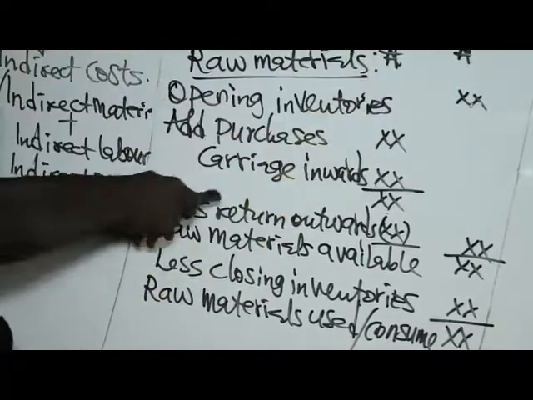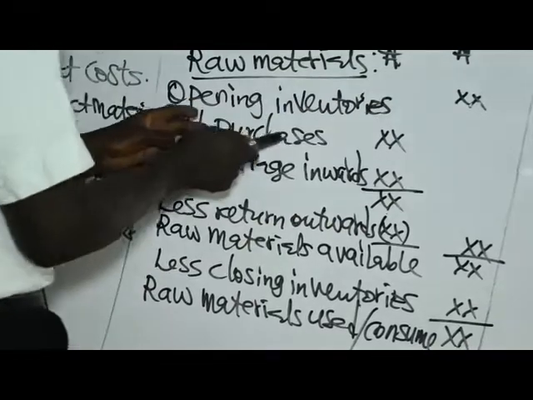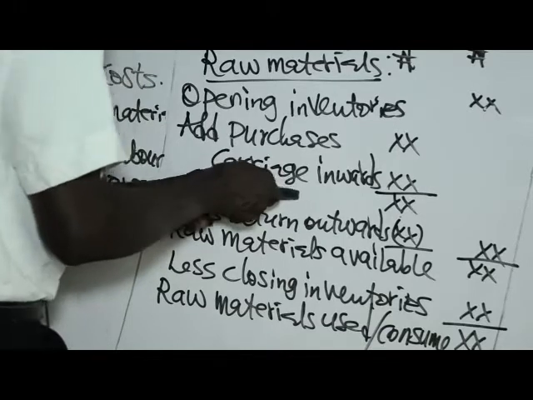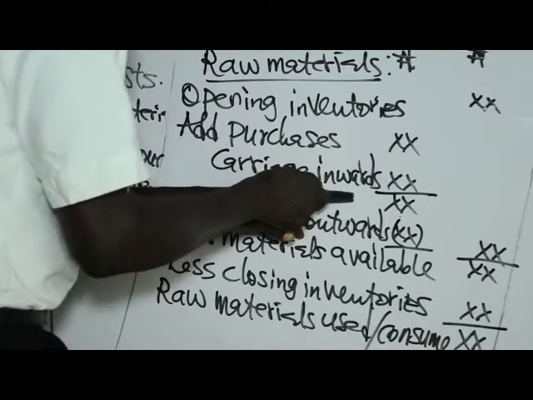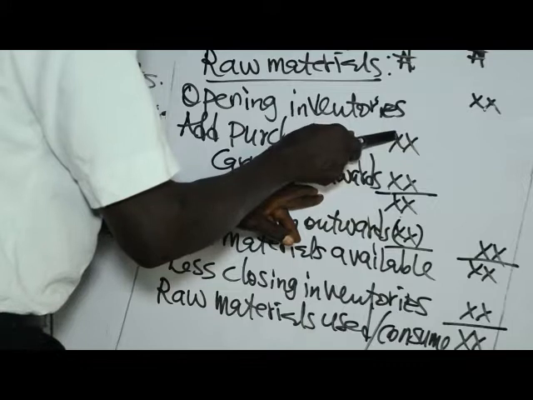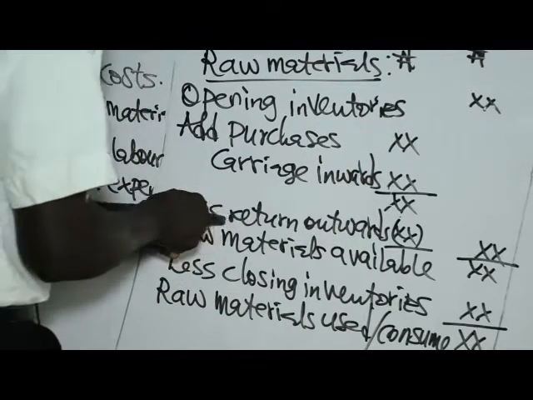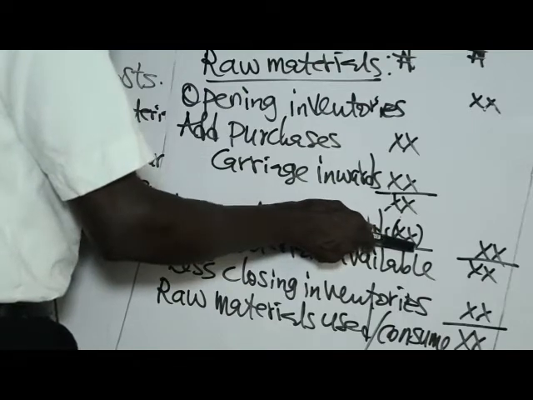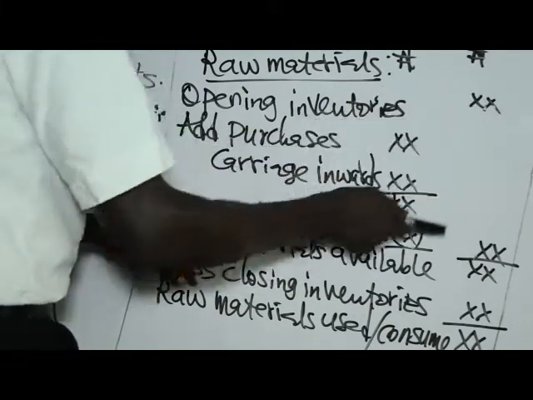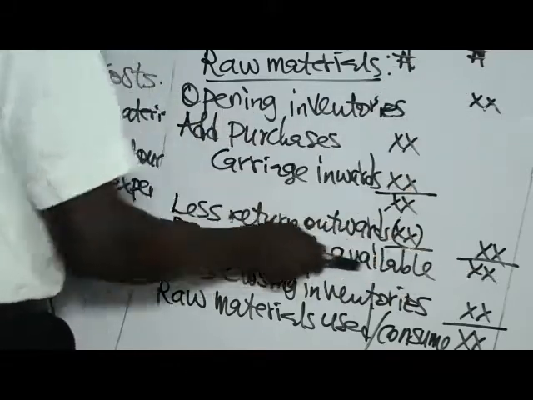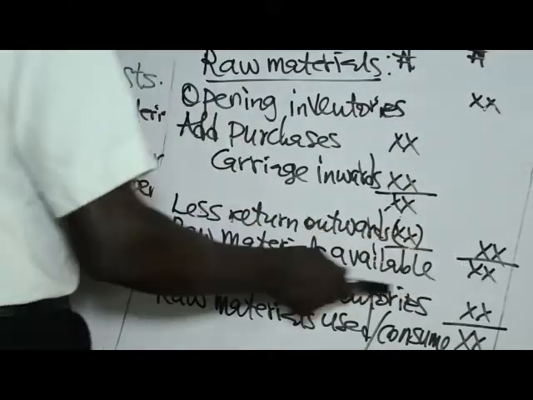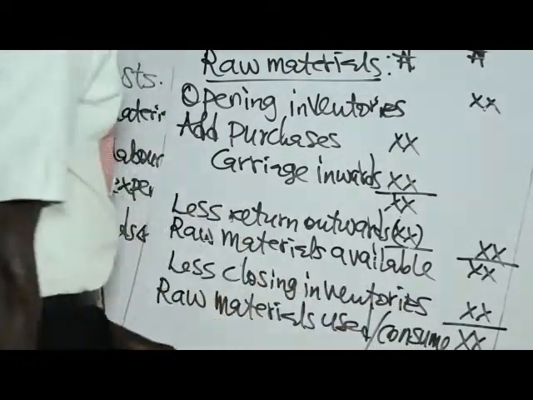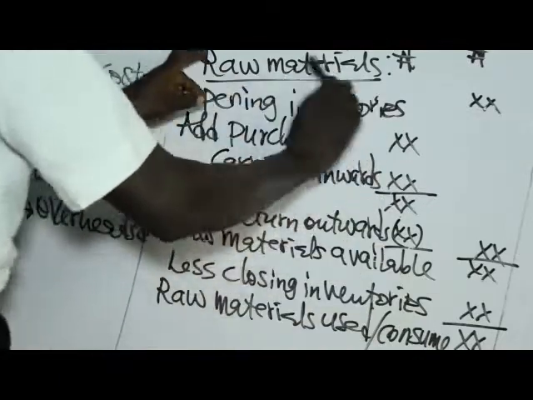Then the cost of bringing these goods down to the site, that is the carriage inwards, you add to the purchases. If any of the items purchased is later returned, you subtract that. Then when you add this to the opening inventories, you get your raw materials available for production. Before you deduct your closing inventories, you get your raw materials used. This is your direct materials.